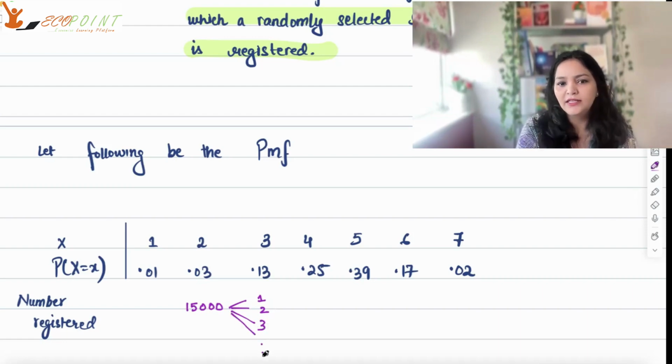It goes till 7. Now, if I have this probability with me, that probability associated to x equal to 1 is 0.01. That basically means the number of students who are registering for just one subject as a proportion of 15,000 is equal to 0.01, right? That's what probability is.